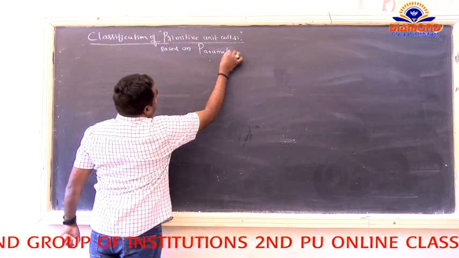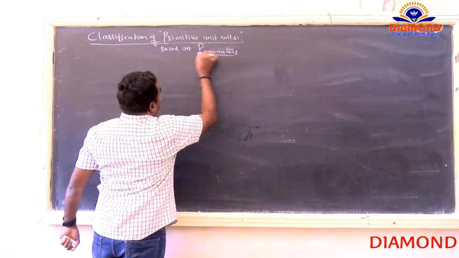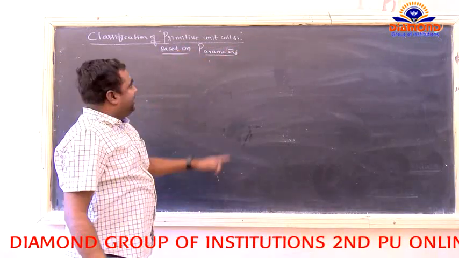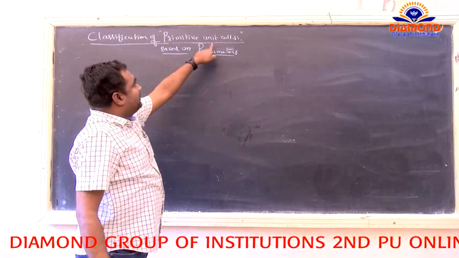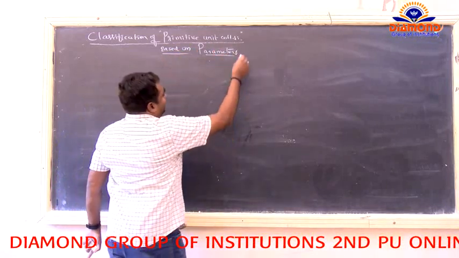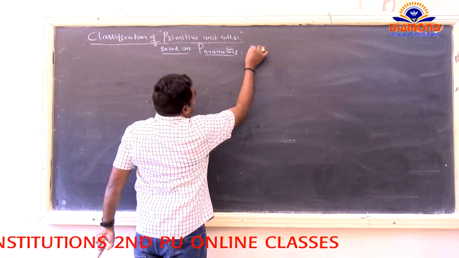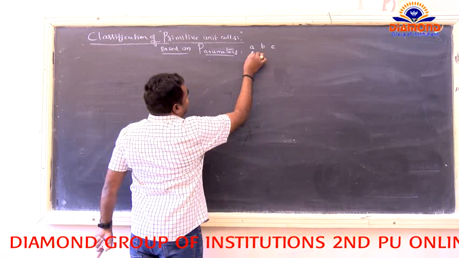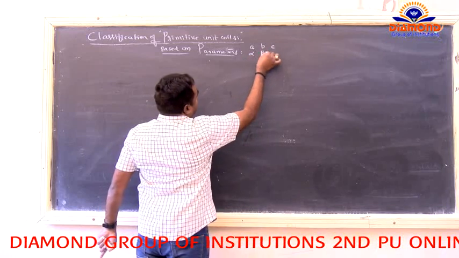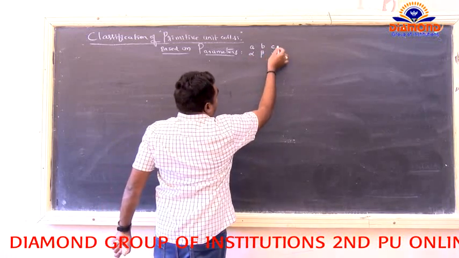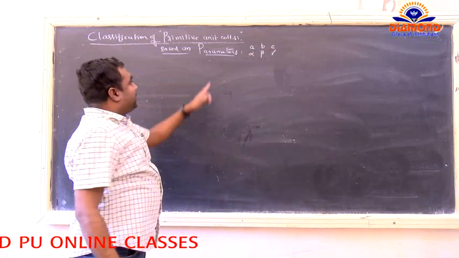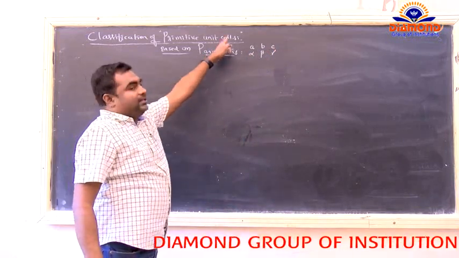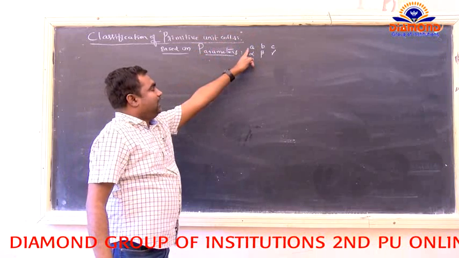Already we discussed the parameters of the unit cell. What are they? Simply the axial lengths a, b, c, and axial angles alpha, beta, gamma.